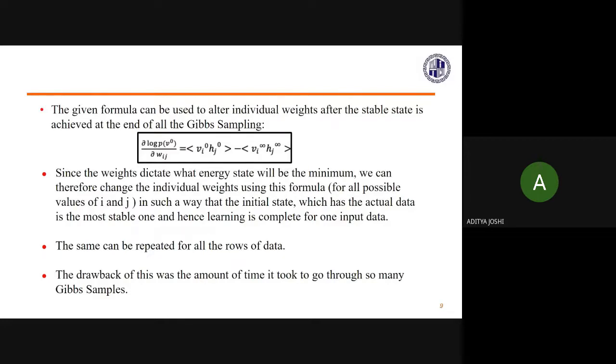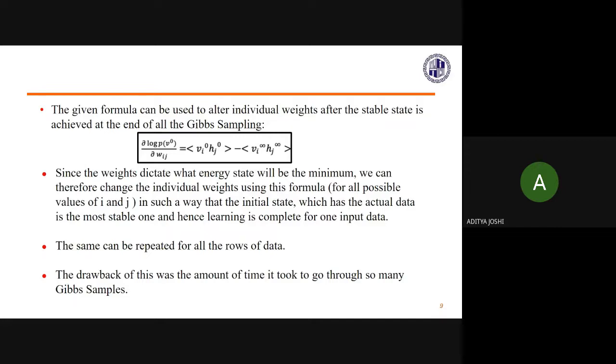The weights are what decide the energy curve, and we want our initial state to be at the bottom of that energy curve. So the weights change the curve, and we're just trying to change the curve in such a way that it adjusts itself and the initial state is at the bottom. This is what the formula is going to help us do.